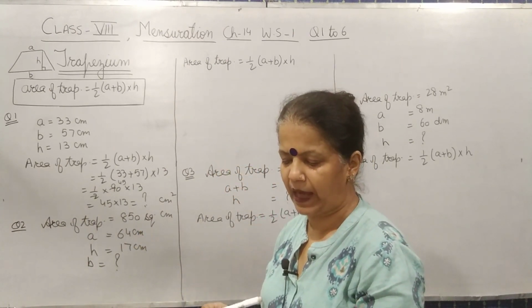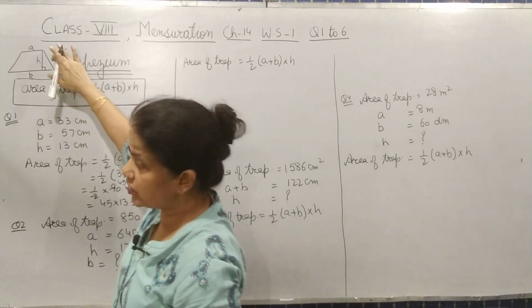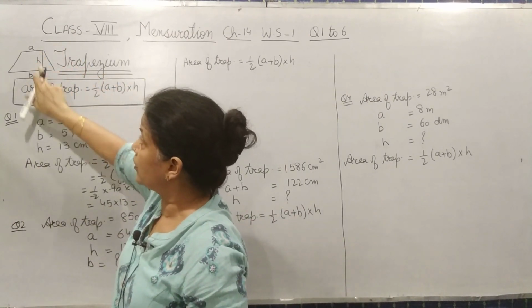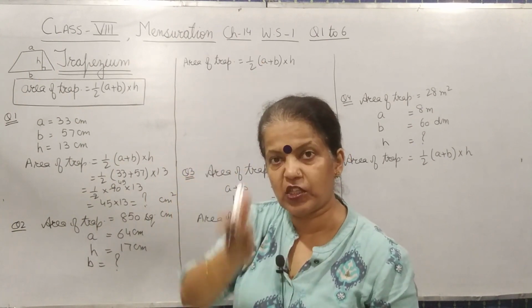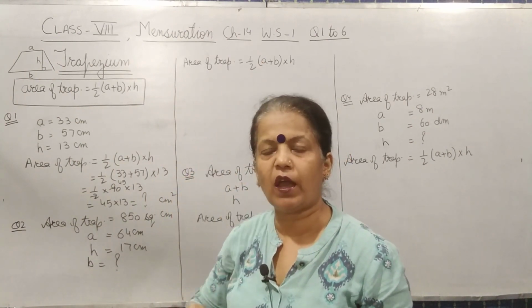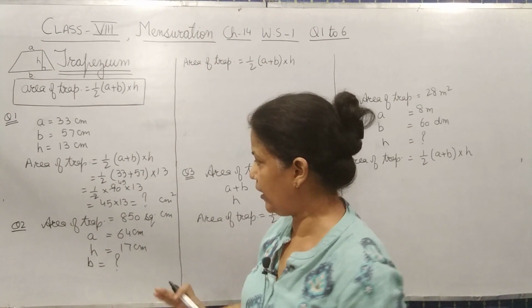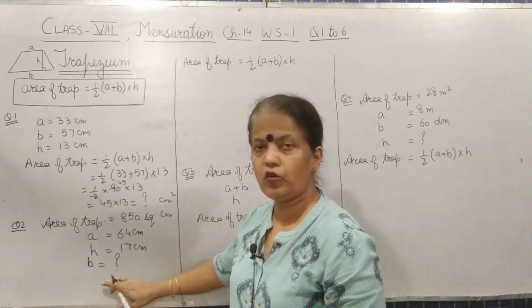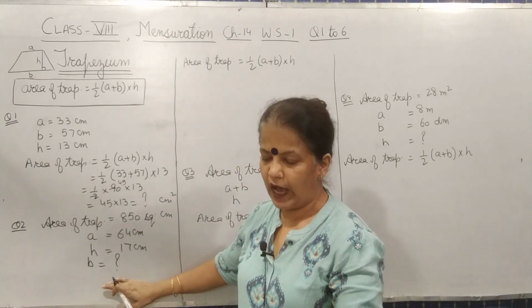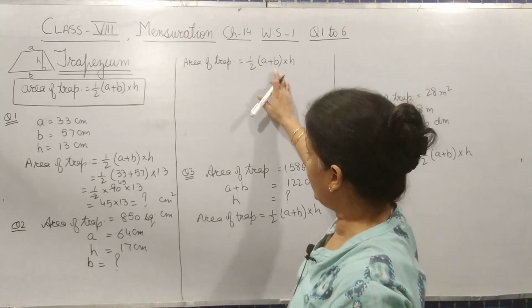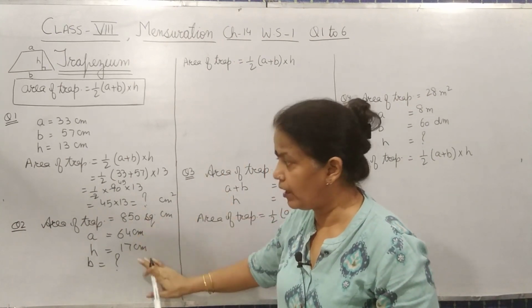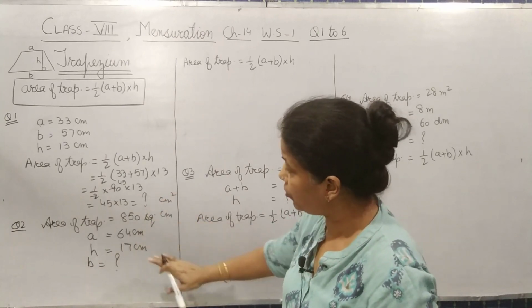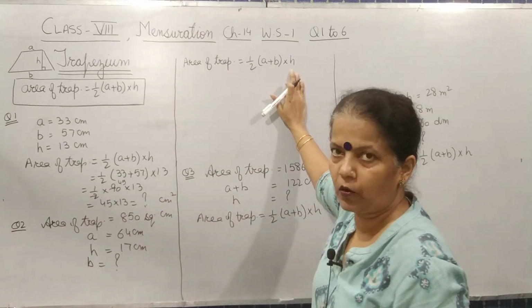In question 2, the area of a trapezium is given, one of the parallel sides is given, and the perpendicular distance between the parallel sides, which we have assumed as height, is given. Now you have to find the other parallel side. So again, the formula: whatever is there in the question, substitute all the values in the given formula.